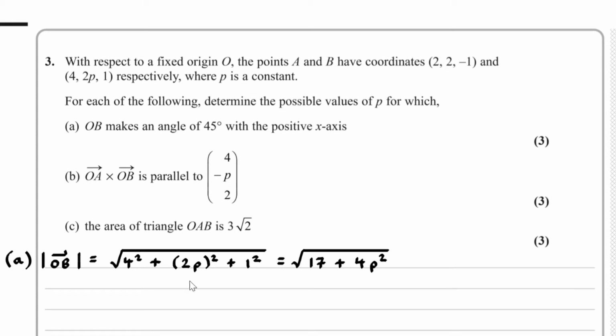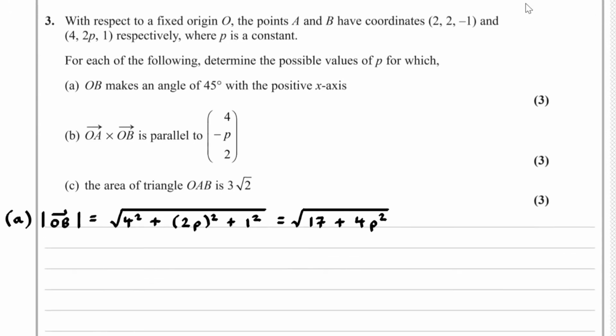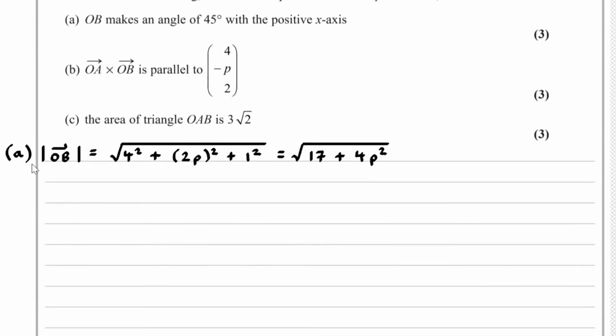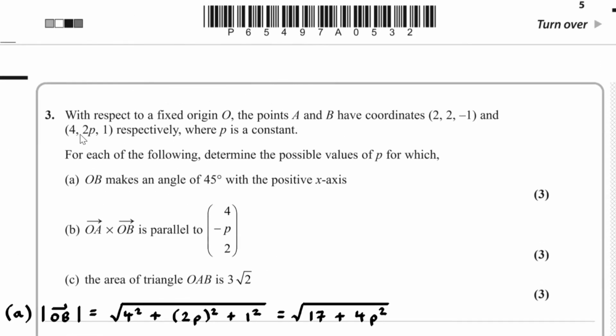Now that we know what the magnitude of OB is, to find out the angle, well, we know the angle, and if we use the direction cosine, we've got the cosine of 45 degrees equals, well, the x component here is 4.